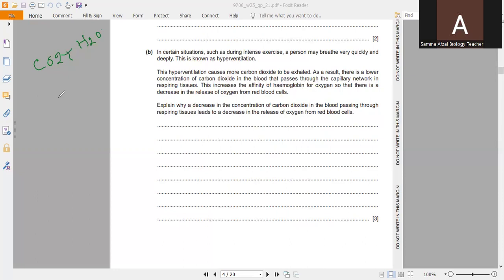So during hyperventilation, since less haemoglobinic acid is formed, hemoglobin maintains a high affinity for oxygen. The hemoglobin is holding onto the oxygen more tightly, so it does not dissociate as easily. Therefore, even though the respiring tissues need oxygen, the hemoglobin does not release it into the plasma to diffuse into the cells.